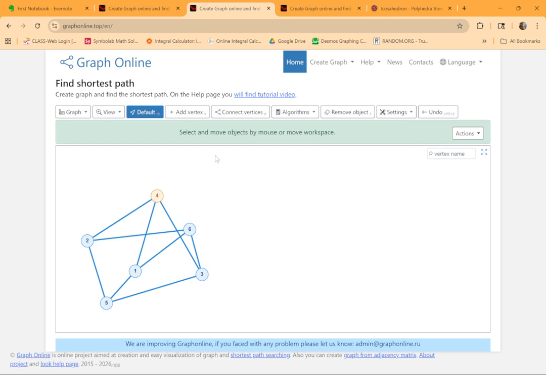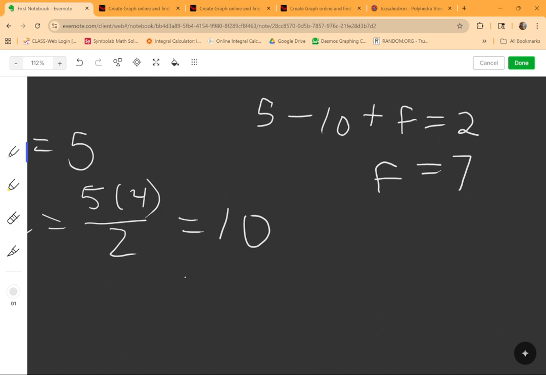So G being 3 and F being 7 gives me G times F to be 21, because every face needs to be bounded by at least 3 edges.